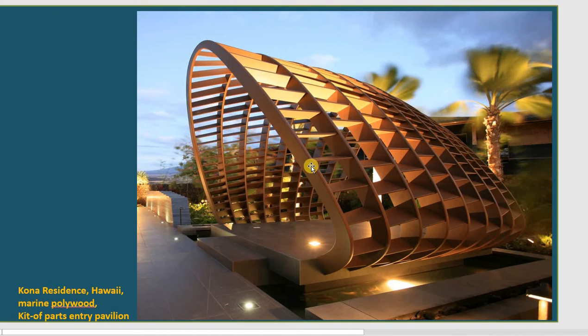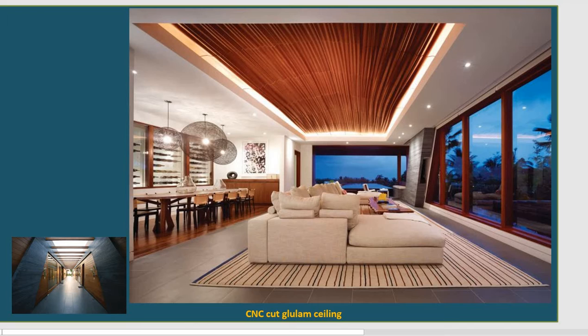This one, if you look carefully, this is wood, and they combine it and connect it with the frame. And this one you can order. I think this project is in Hawaii, but the manufacturer made this one in LA. And if you order some shape and size for the area, they can do it like that and ship it to your house. This is another example.